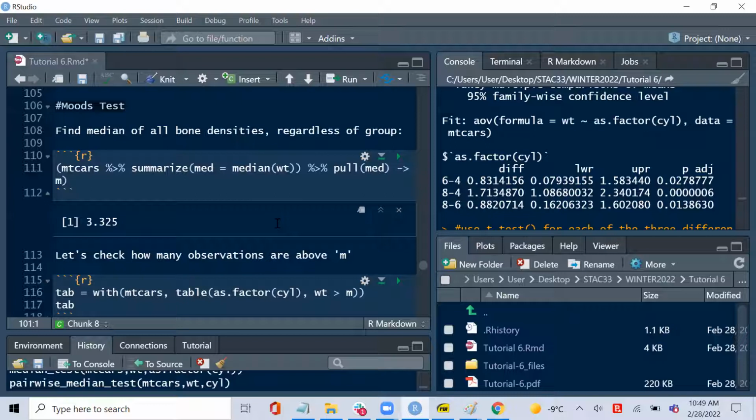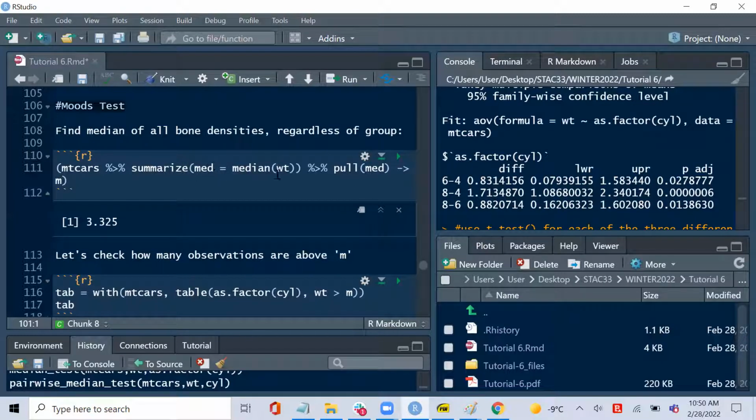So if 6 is bigger than the grand median more times than 4 is, and it's significant, you would see a small p-value. And similarly, if 8 is bigger than the grand median more times than 6 is, you would see a significant p-value. So that's why we look to see what the grand median happens to be first, because we're going to evaluate true and false statements to assess the proportion of times certain groups are bigger than the median. So I called M the median.